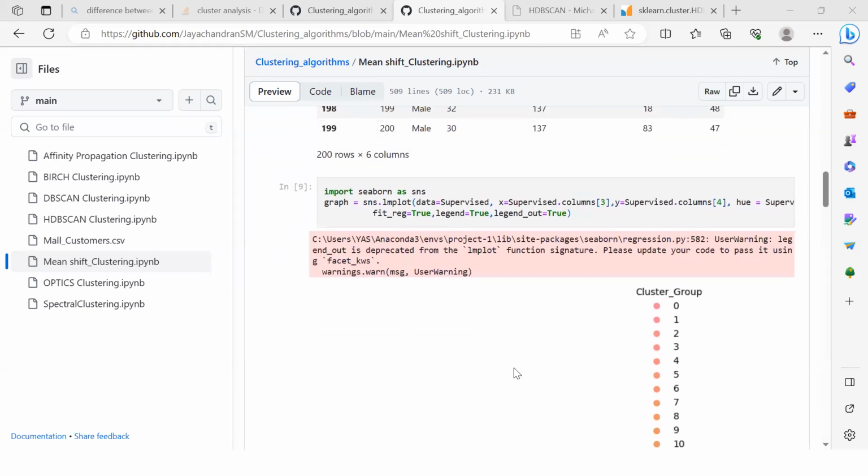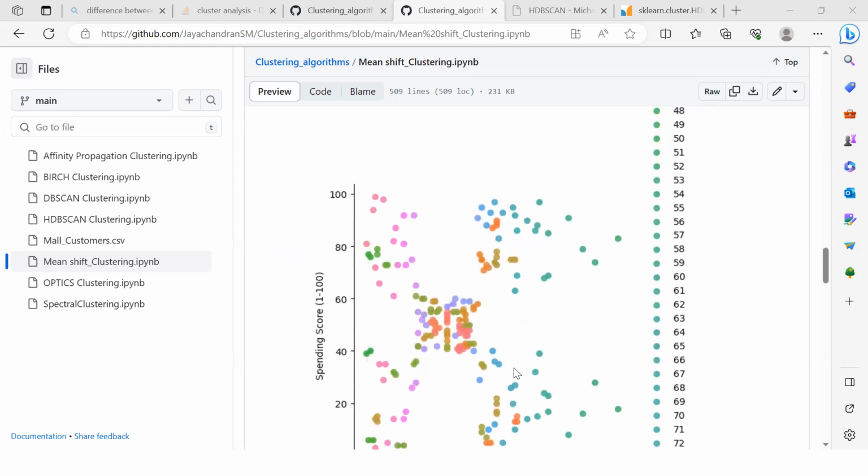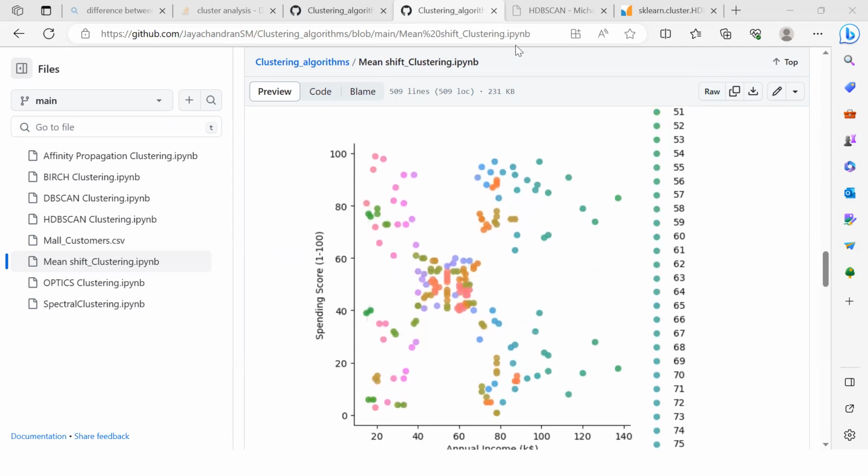I just imported a Seaborn graph. Okay, so this is my graph behavior. Let me give an actionable insight over this particular graph. If you look at this data set, the green ones are all one cluster, this one cluster, this one cluster, this one cluster, this one cluster.